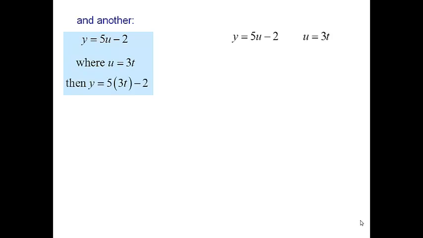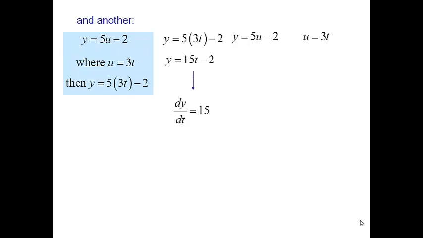So let me show you one more, a little bit more complicated, but not a lot. If we let y equal 5u minus 2, if we say u is 3t, therefore, by substitution, y would equal 5 times (3t) minus 2. So our big function is on the left-hand side, our simplified middle function, and then our part of our big function there, the inside function, u equals 3t.